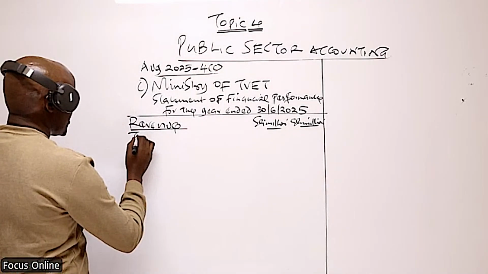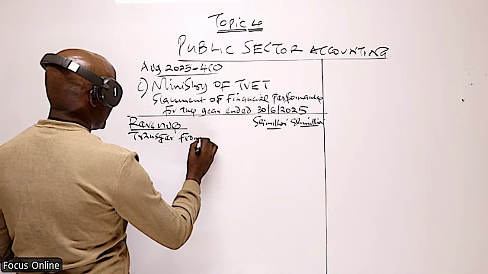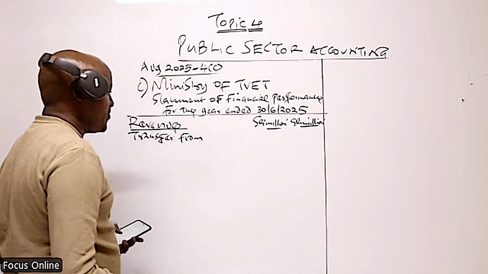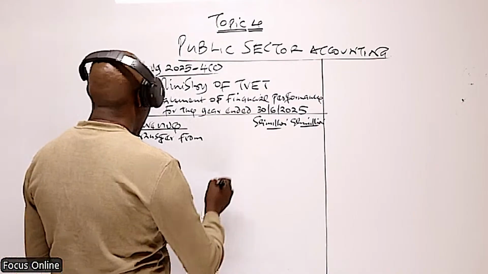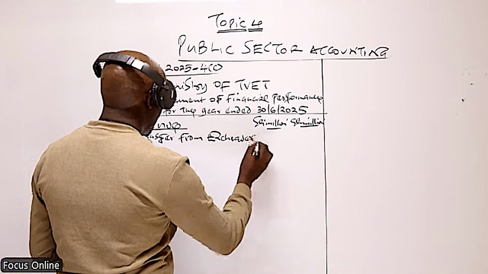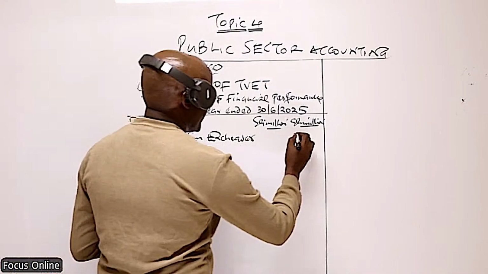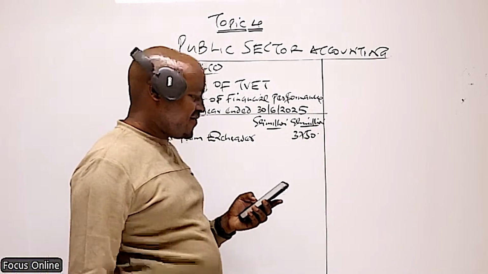So we have the transfer from the exchequer. In other terms, I've referred to this as budgetary appropriation. This is basically the money which was allocated to this ministry from the exchequer, or basically from the treasury. The transfer from the exchequer, that is 750. So below that, what do we have? We have the fees and licenses.